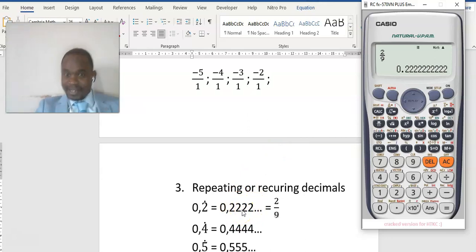Are we together? Good. So this can be written in the form a/b. So it's a rational number. Remember the definition of a rational number. It can be written in the form a/b.